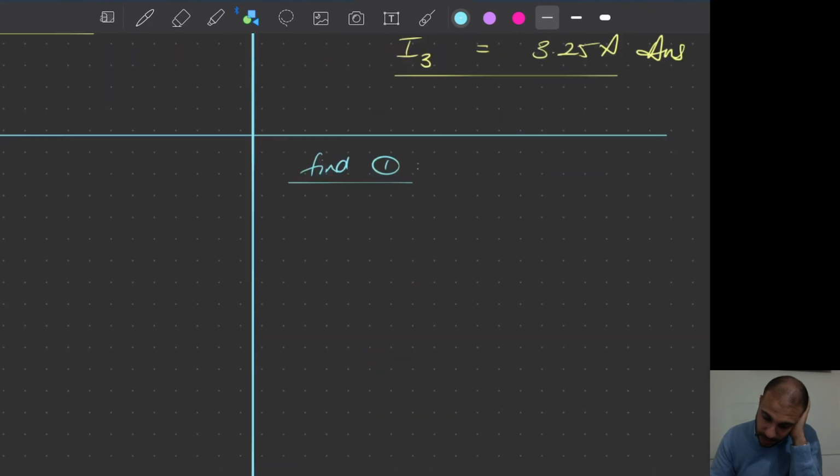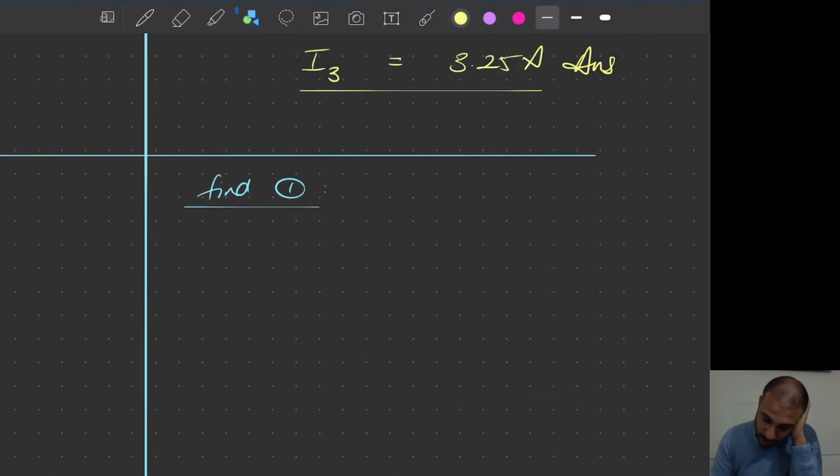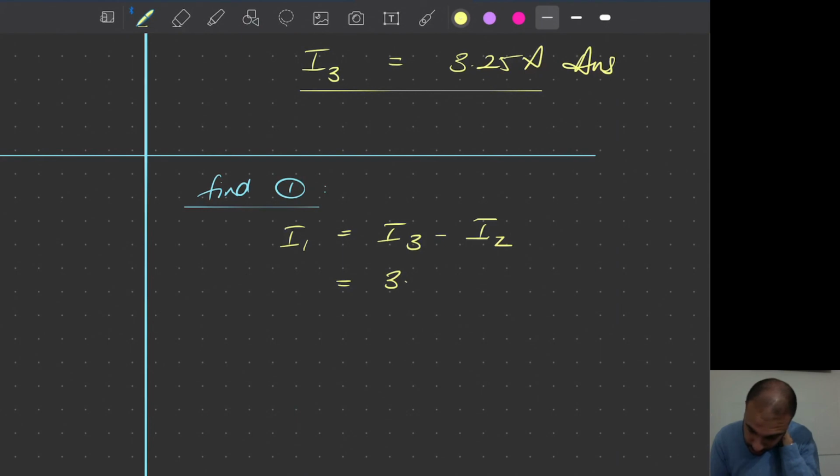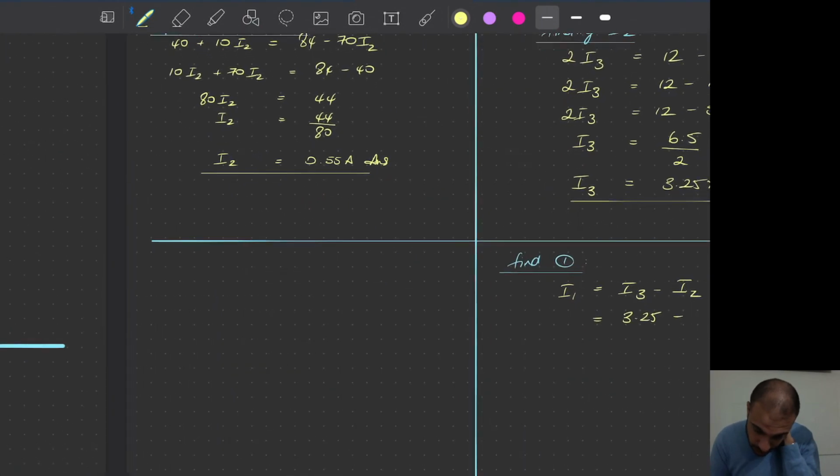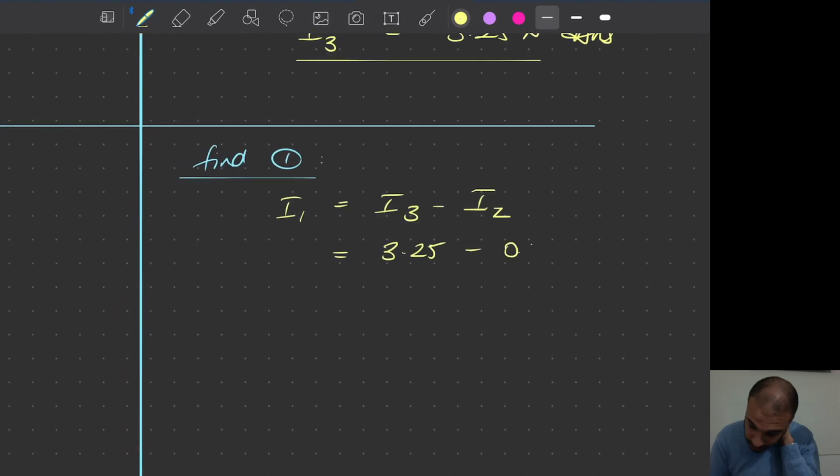I3 is 3.25 minus I2, which was 0.55. 3.25 minus 0.55 is 2.7 amps.